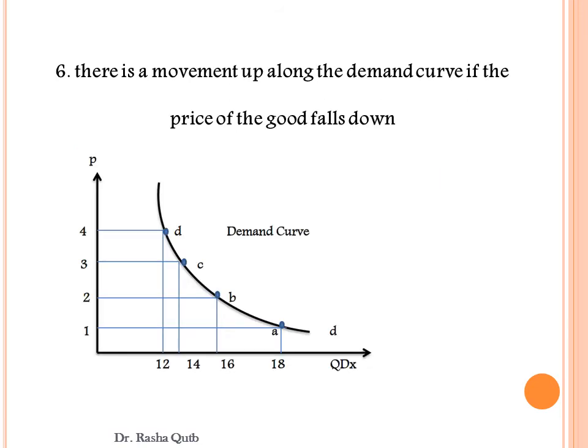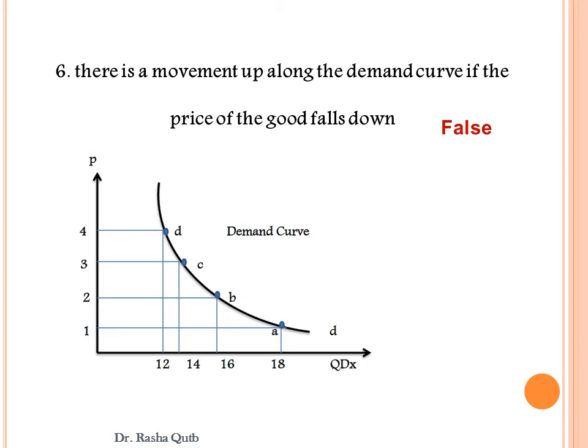Number 6, there is a movement up along the demand curve if the price of the good falls. This sentence is false. Because when the price of a product decreases, for example, from 4 pounds to 3 pounds, here we are moving down, not up, along the demand curve.